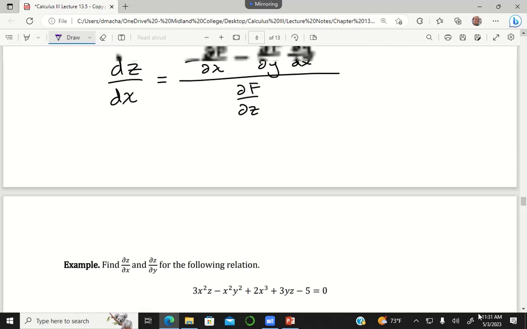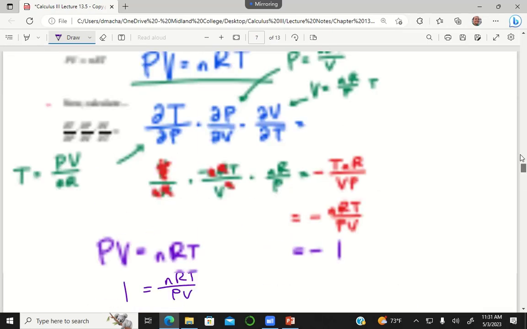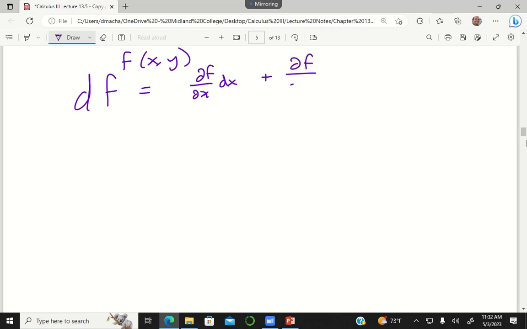And let me take a little aside moment really quick. We'll pause right here, and I just want to remind you of something. The total derivative of, let's say, lowercase f, where f is a function of just x and y, is going to be the partial of f with respect to x dx plus the partial of f with respect to y dy.